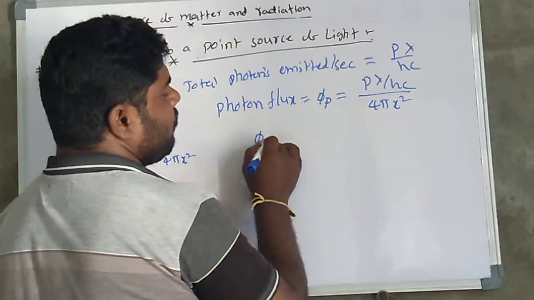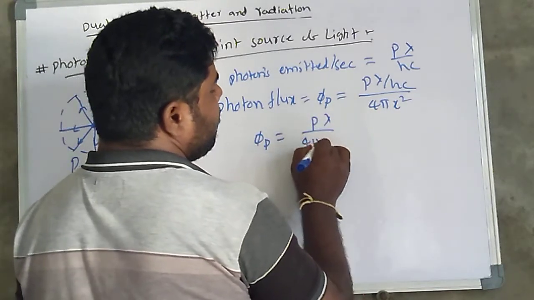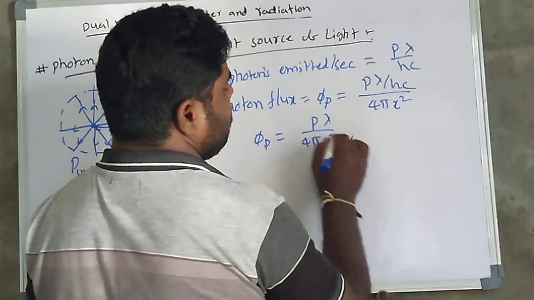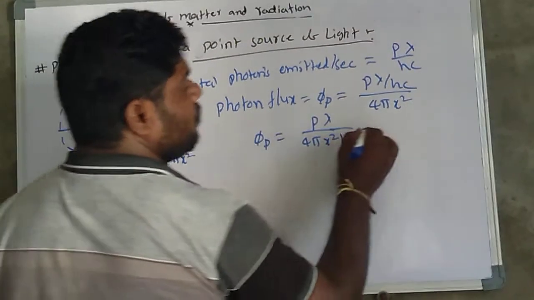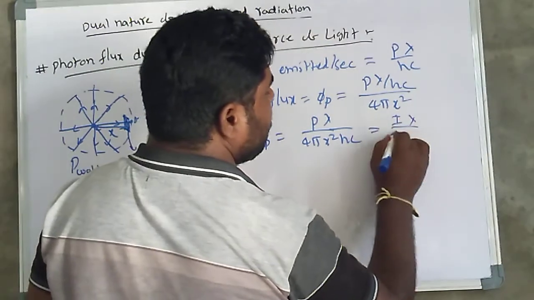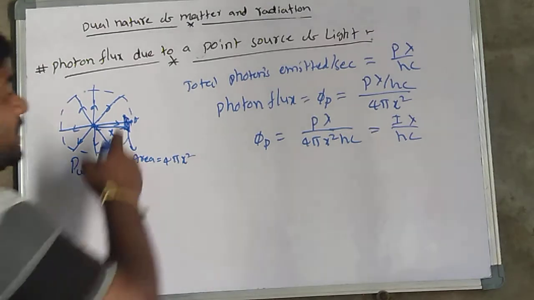So photon flux is equal to P lambda by 4 pi x square hc, which is also I lambda divided by hc, where I is the intensity at A.